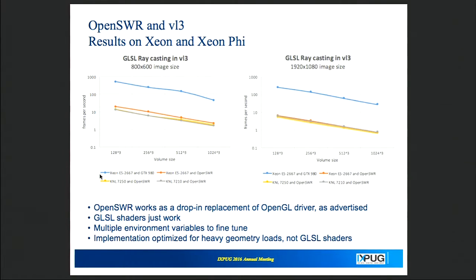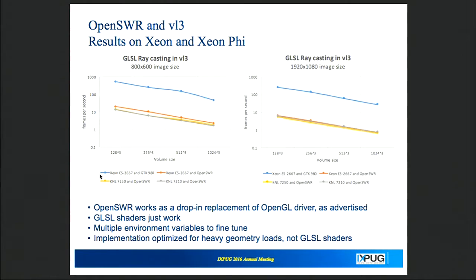These are some preliminary results of our tests with VL3. These are single node results. In the chart, the X axis shows the size of the data set, so the size of the data increases along X. As expected, there will be more samples, and performance should go down a little bit because it's more demanding. On the y-axis, you see frames per second, which is the inverse of time, so the higher the better here.